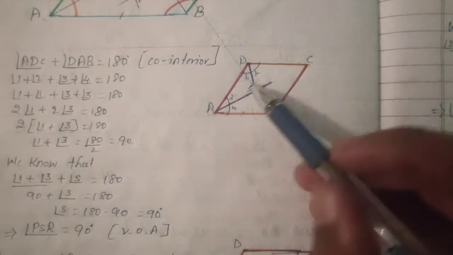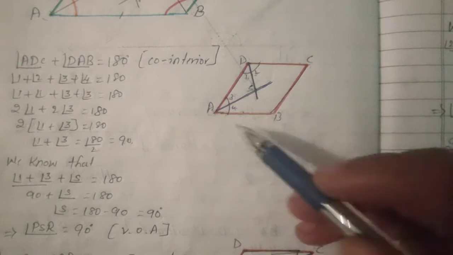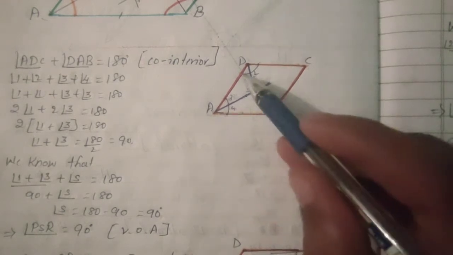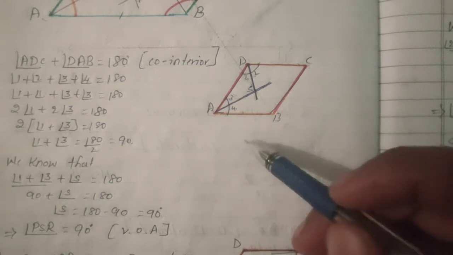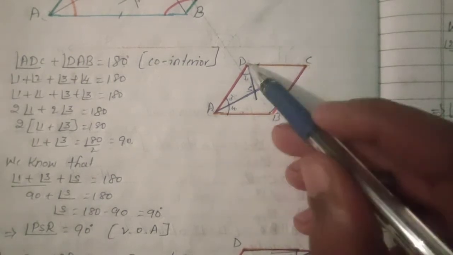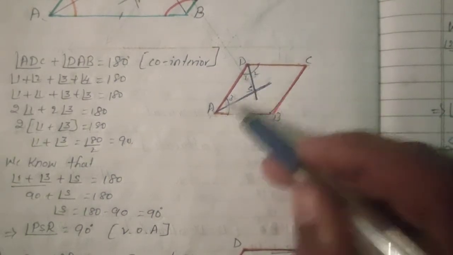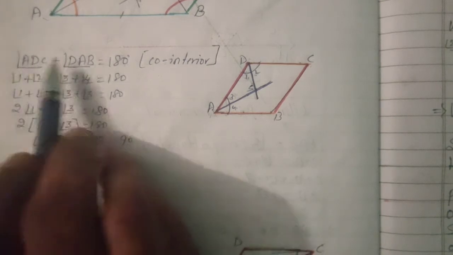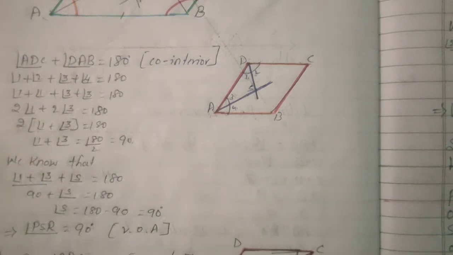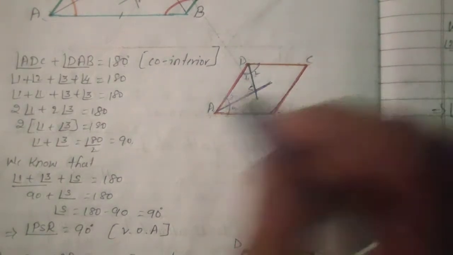Now we know that in this parallelogram, angle A and angle D sum is 180 because these two are parallel lines and this is a transversal line, so the sum of co-interior angles is 180. So angle D plus angle A is 180. Now what is angle D? 1 plus 2.